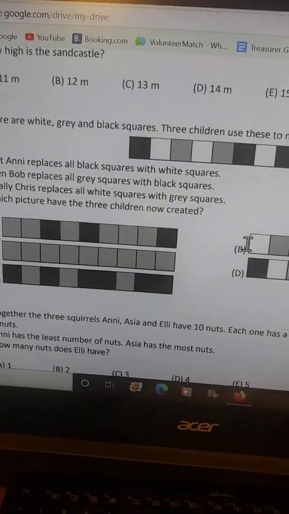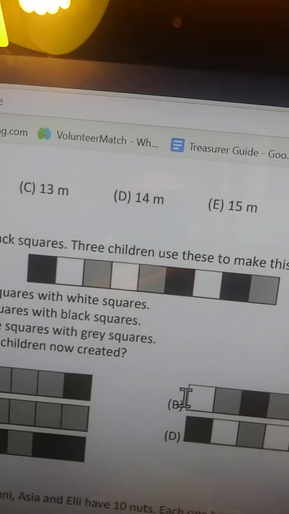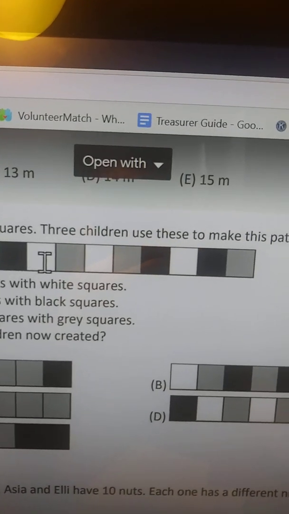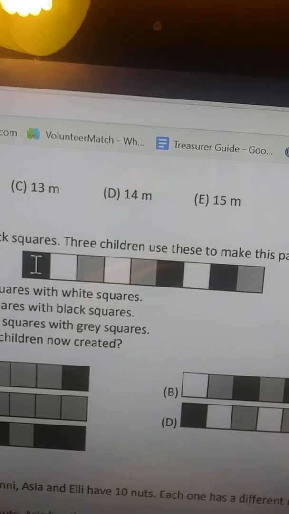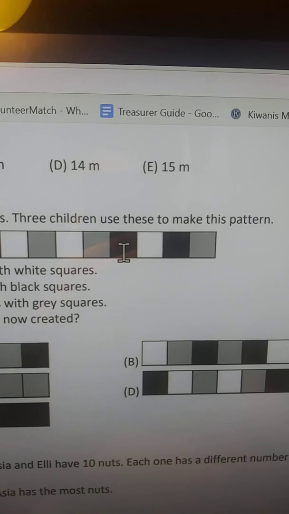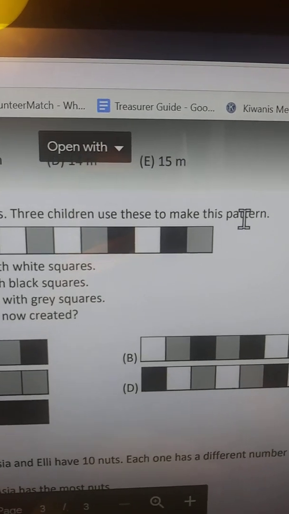Okay, so you should approach this problem by first writing down this sequence right over here. Black, white, gray, black, white, black, gray.